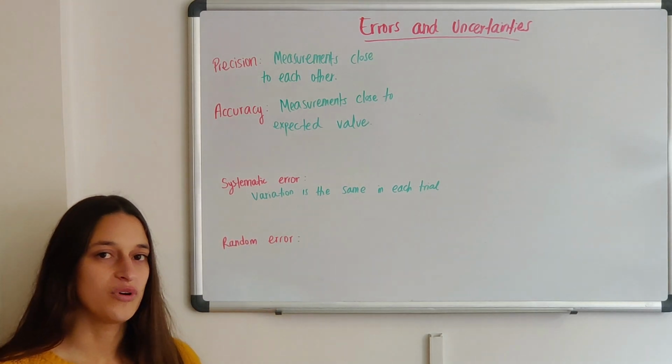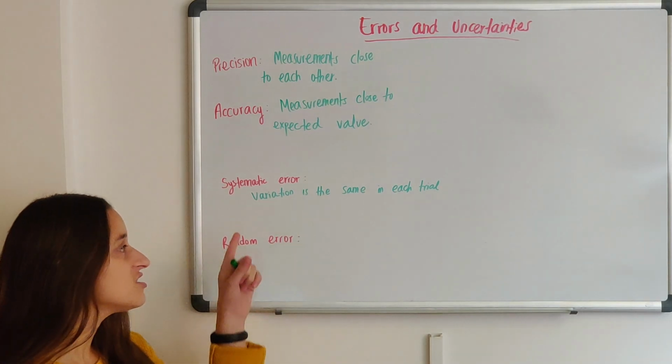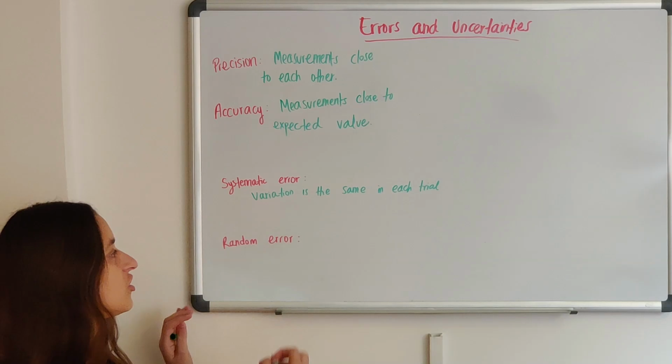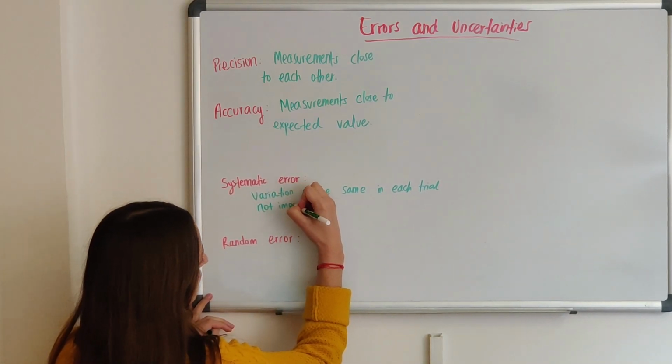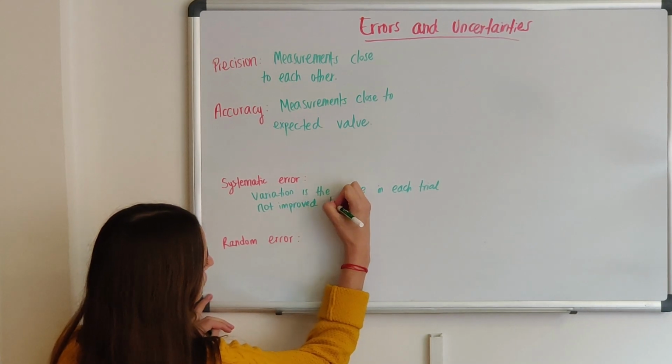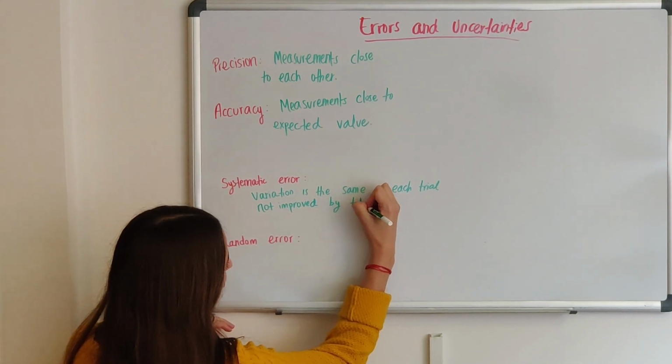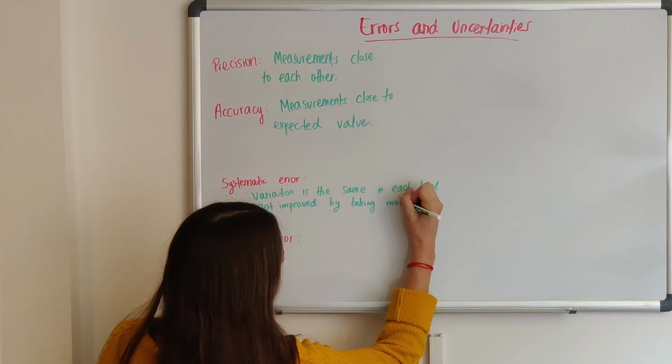The data will always consistently be 10 kilograms above what it should be. So this type of error, systematic errors, are not improved by taking repeated data or multiple trials.